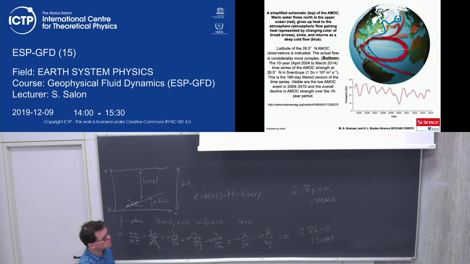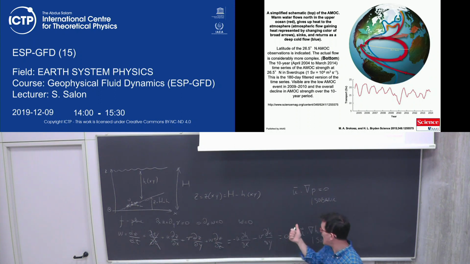Okay? Because geostrophic flows are isobaric and isobars are isobaths. Why? Because we are having the hydrostatic approximation, which always keeps the rule.